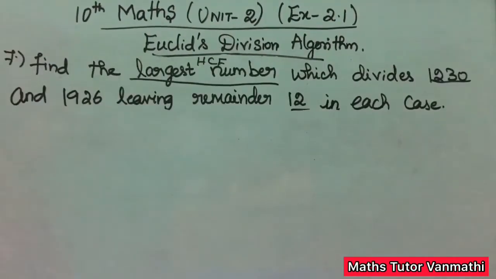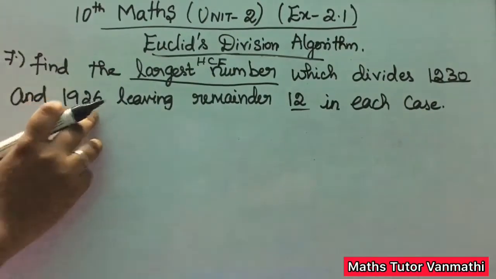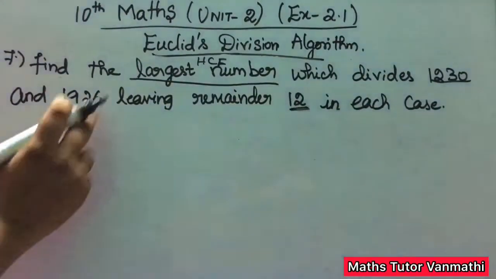Next we can see the next problem. This is your 7th problem. Find the largest number which divides 1230 and 1926, leaving remainder 12 in each case. We are going to find the largest number, that is nothing but your highest common factor, which divides 1230 and 1926 leaving this remainder 12 in each of the cases.